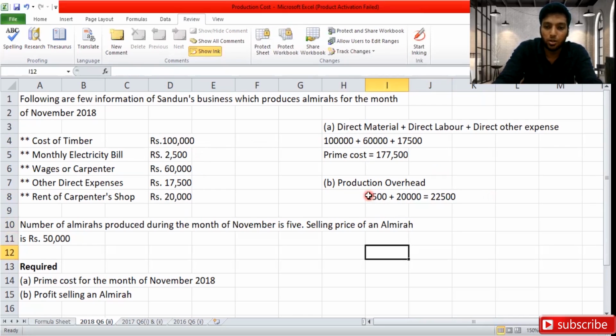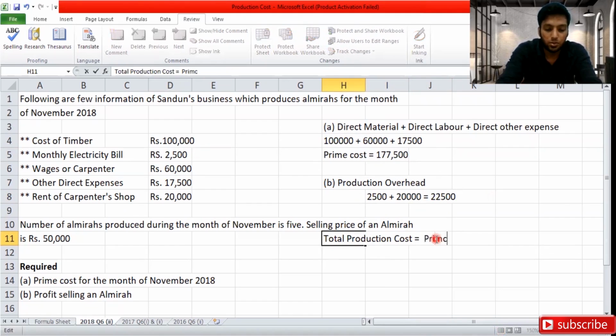Now to find the total production cost. So you got production overhead. Now you need to find total production cost. In order to find the total cost, I will take prime cost and production overhead as per the formula which we learned. Always apply the formula when you do the sum, so you remember.